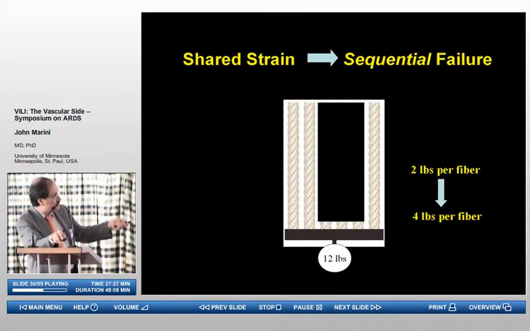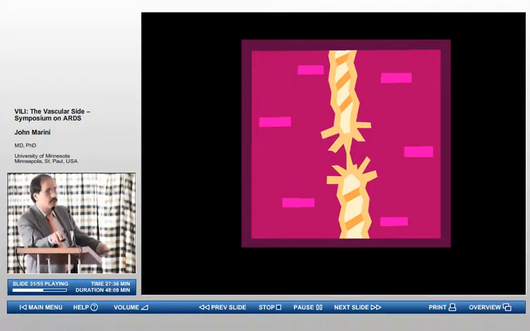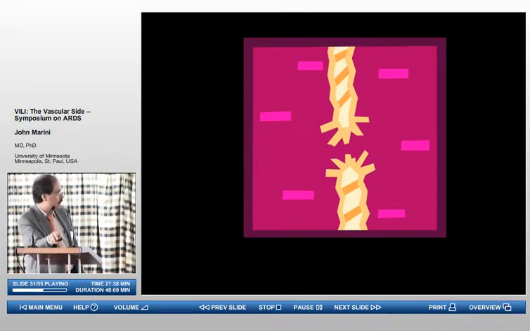You begin to pick off the rope fibers until there's only one or two left, and finally there's breakage, there's leakage, there's a catastrophic failure.